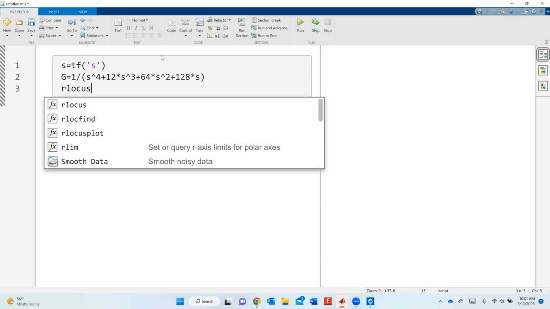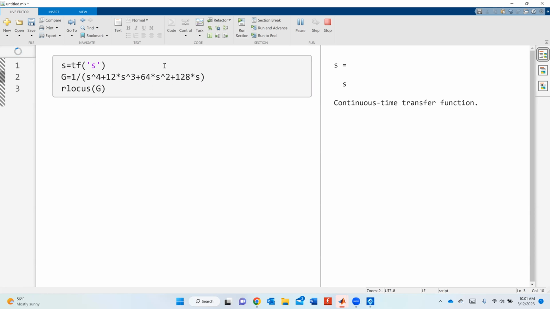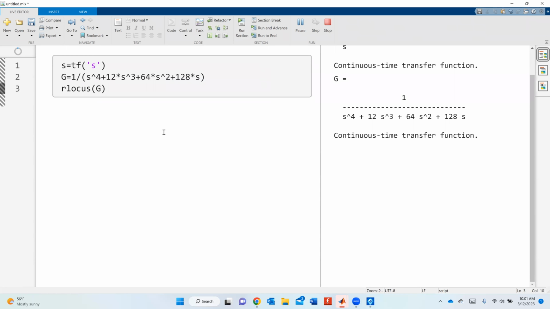And so then here, if we're going to plot the root locus of this, you would do rlocus of G, which is your system. And then when you run it, once it performs it, you're going to see the output s as transfer function, and then we made our open loop system. And then the root locus plot should pop up. Give it a second.